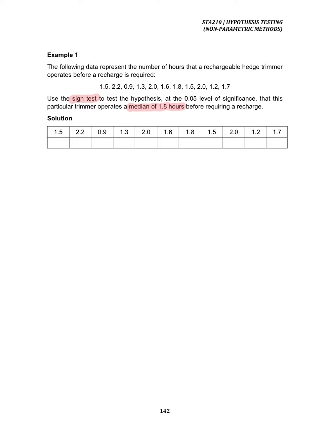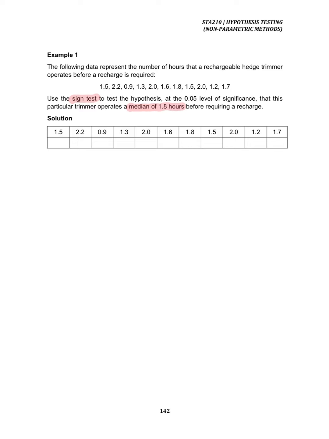Okay, so how to do this? Look at the sample that we have. We have 1.5, 2.2, 0.9, and up to 1.7.